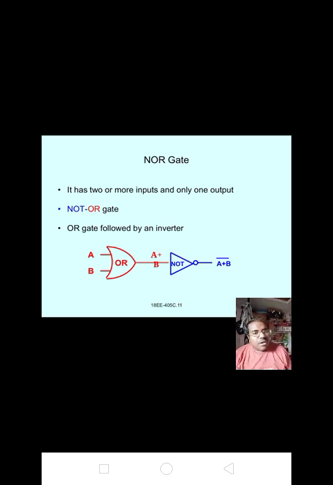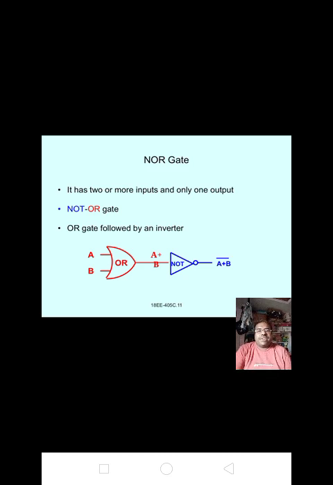The OR gate is followed by an inverter. Here A and B are the inputs for the OR gate. We get the output of the OR gate as A plus B. And A plus B is given as input to the NOT gate. We get the output Y equal to (A plus B) bar.